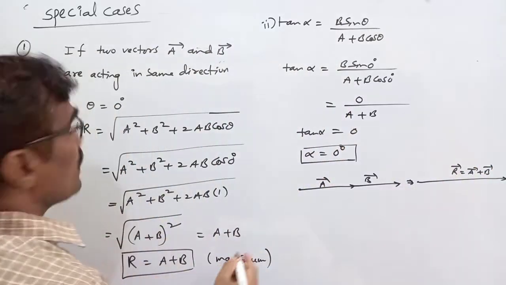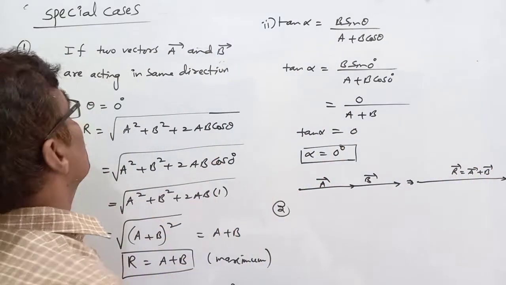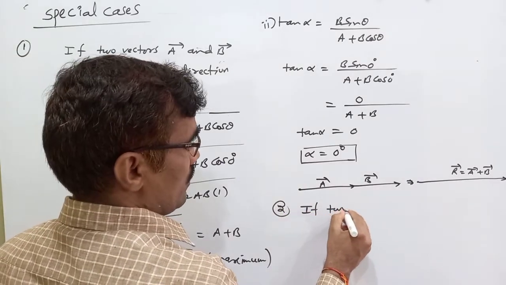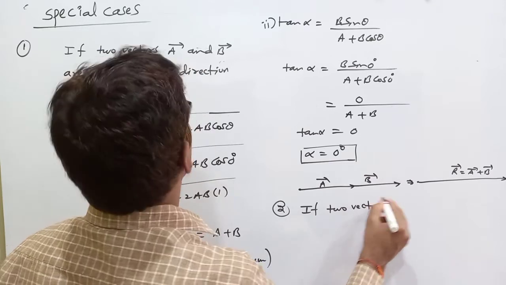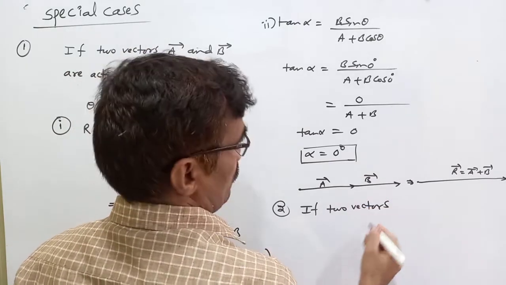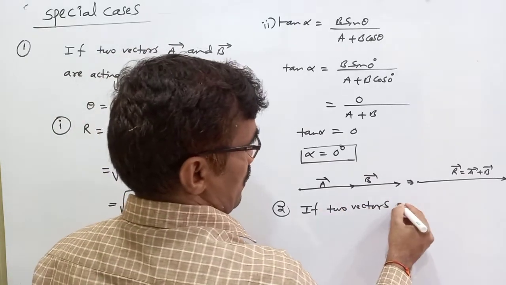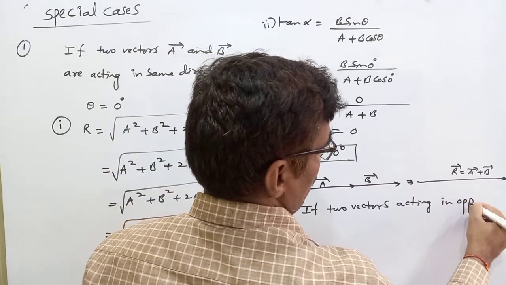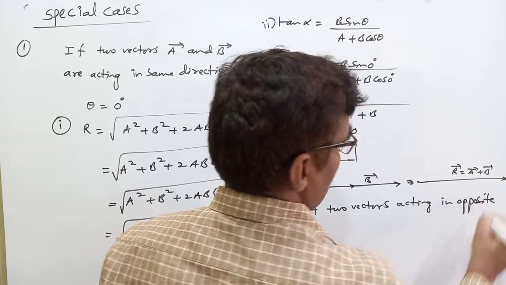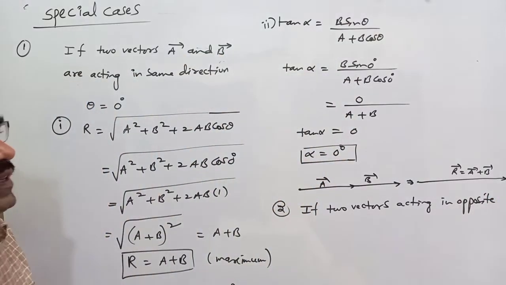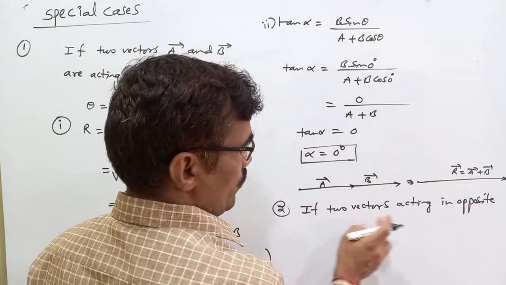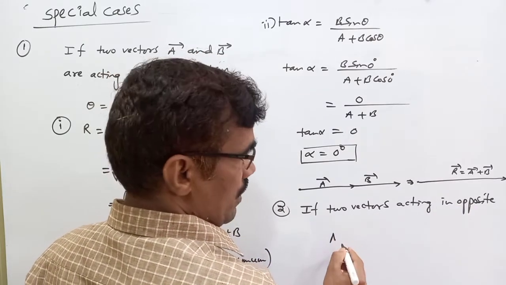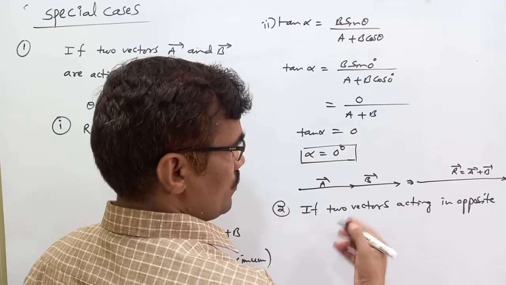Right. Then the second case. If two vectors are acting opposite to each other, in opposite directions, then we find the magnitude and direction.